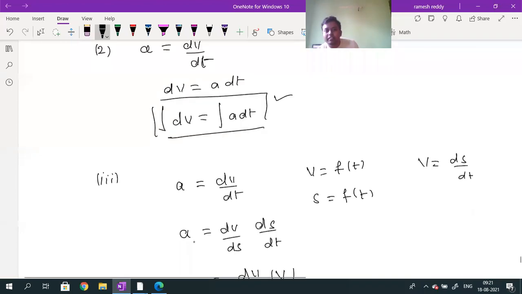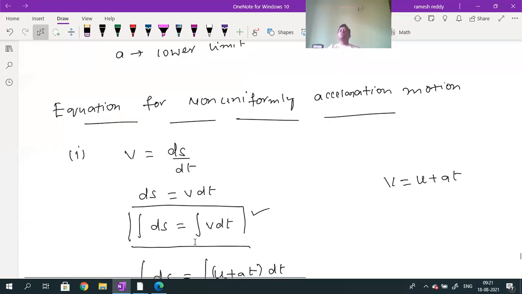Now you check once how I wrote the first equation. I know v is equal to ds by dt. So if v is equal to ds by dt, cross multiply: ds is equal to v into dt. Integration of ds is equal to integration of v into dt. This is the equation which gives the relation for velocity.